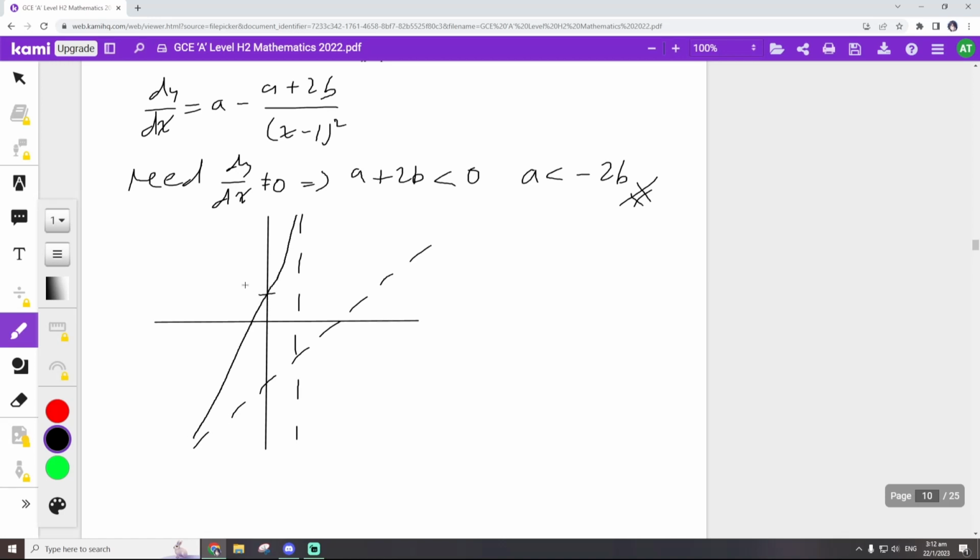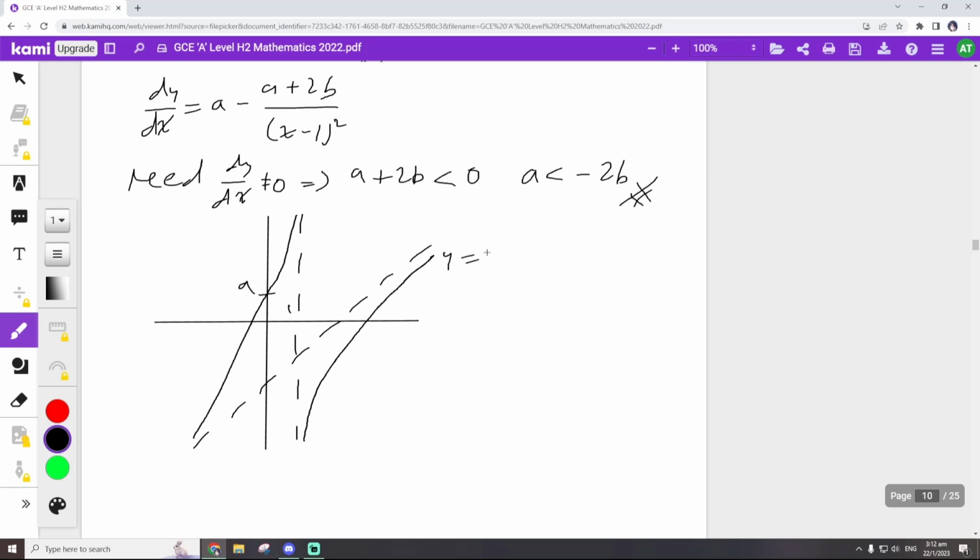Okay, so this is a, this is 1, and it will approach this other asymptote and go this way. I'm having a hard time today, but essentially it will look something like that.